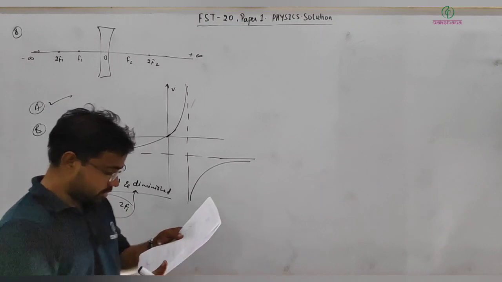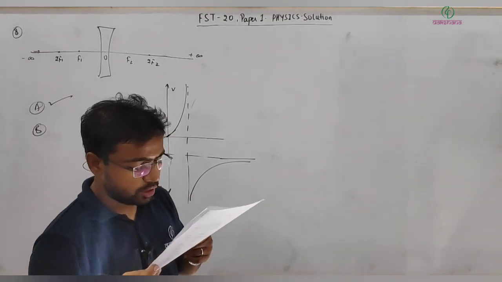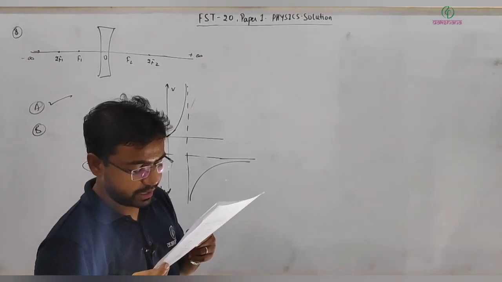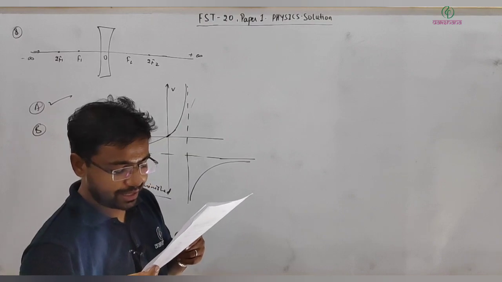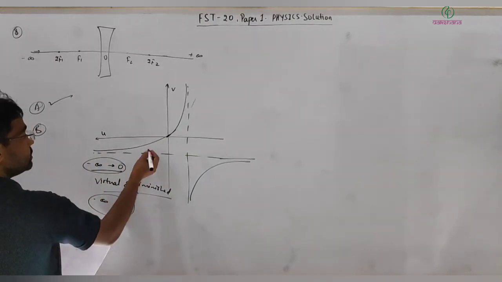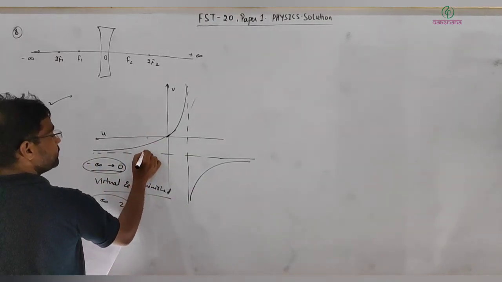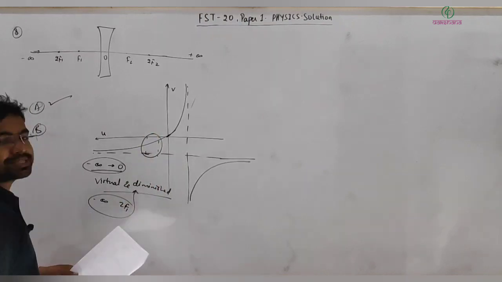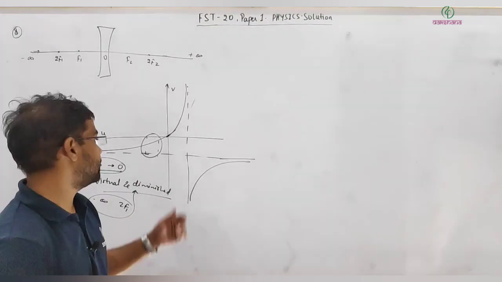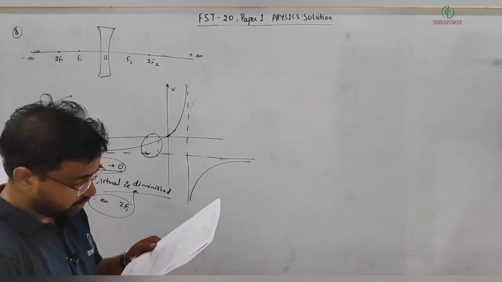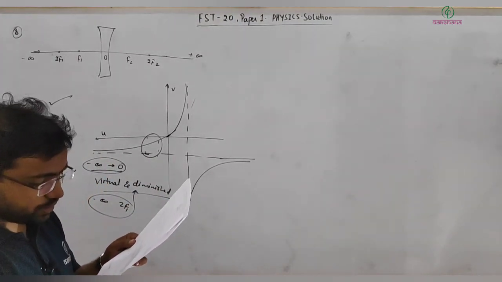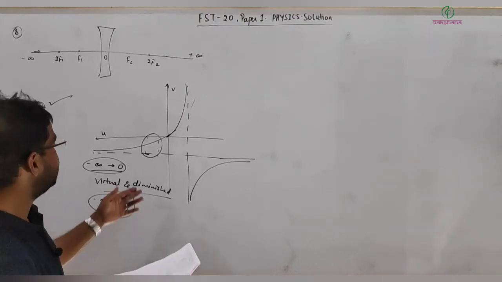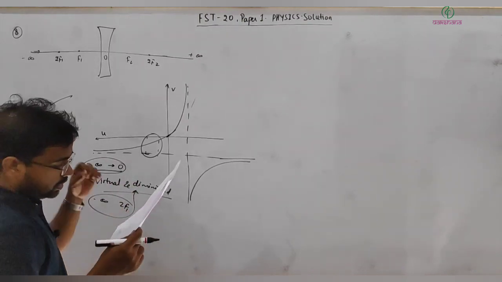B is talking about when the object is moving between 2f1 and f1, its image will be real and diminished. It will be somewhere between this, and here also it is diminished and virtual, not real actually. So B is not right. Object moving between f1 and O, its image will be virtual and enlarged, definitely that is also not right.